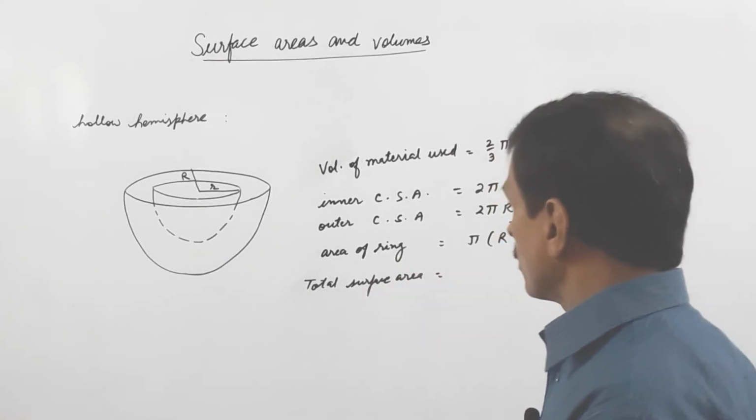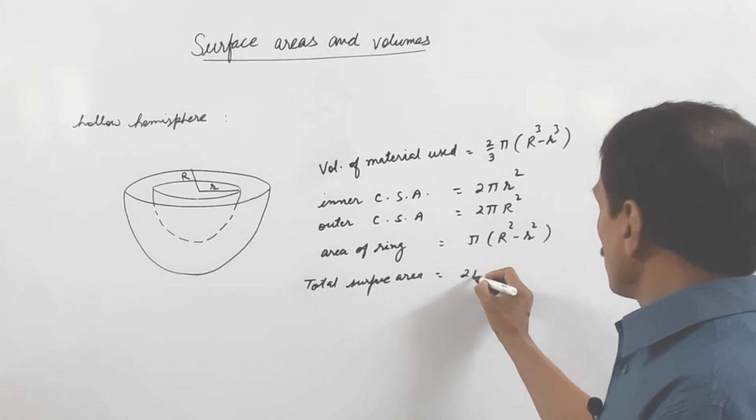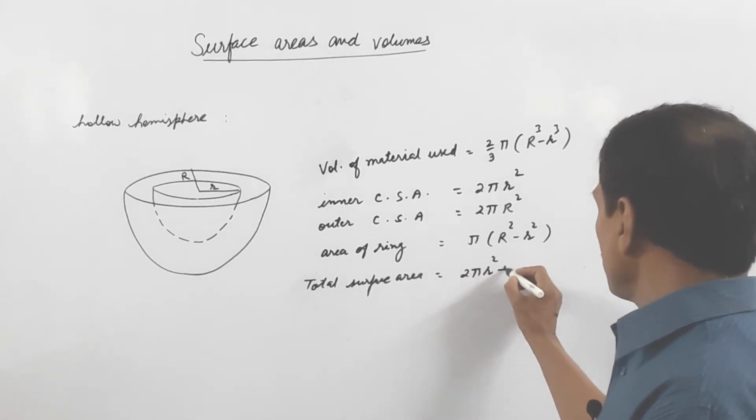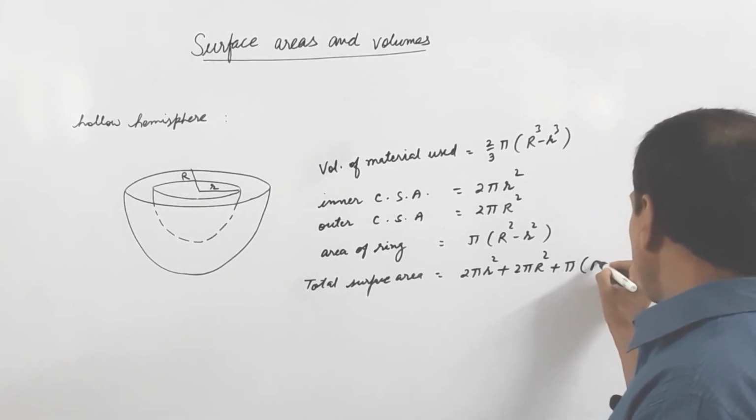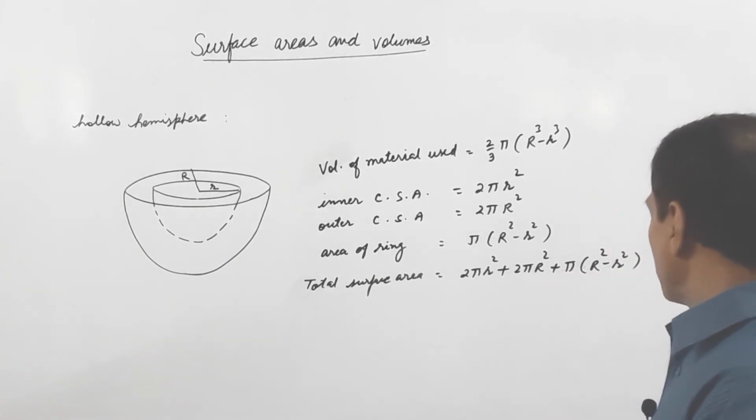Total surface area is equal to 2 pi r square plus 2 pi capital R square plus pi times capital R square minus small r square.